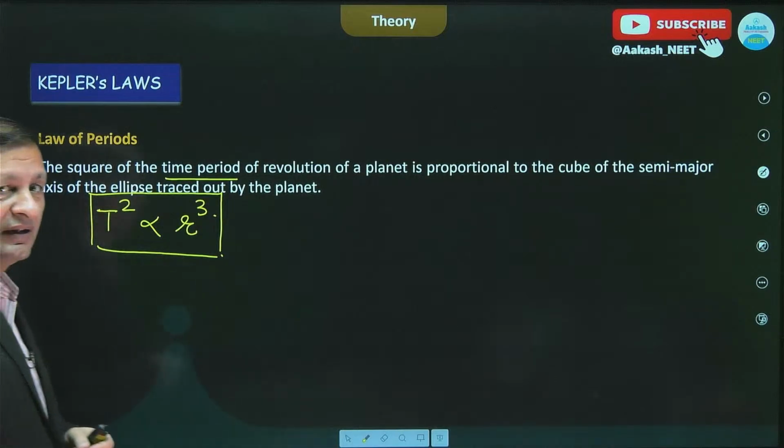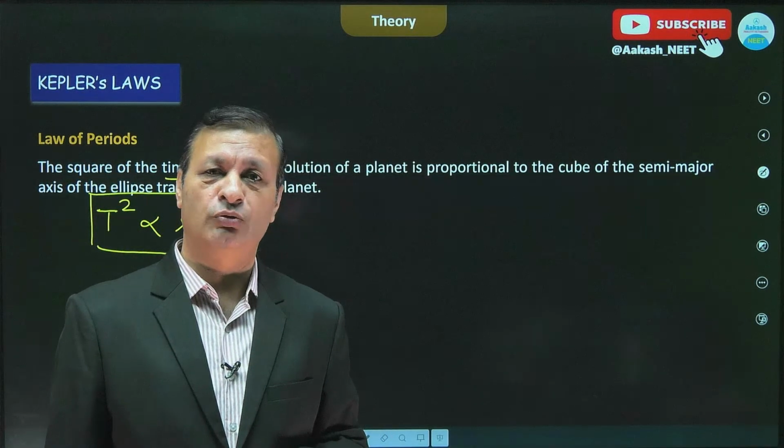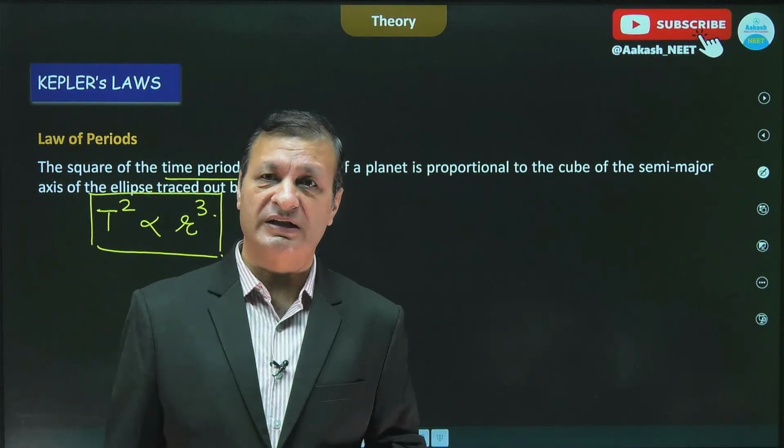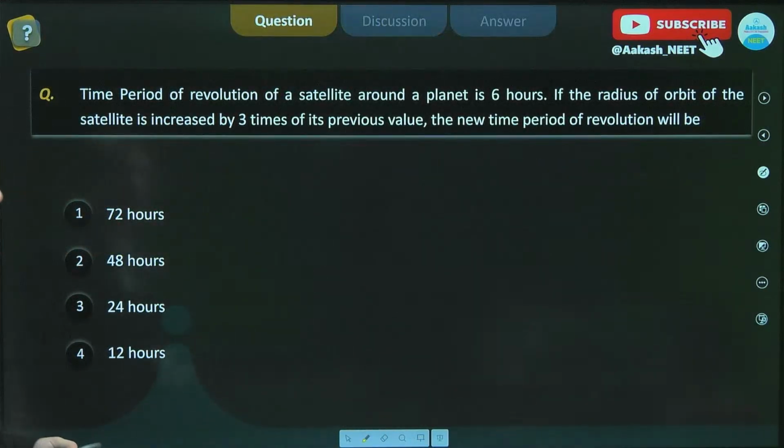And this law has a great application because this law has a variety of numericals. So based on that, let's attempt one or two numericals. Then we'll move forward. Yes, the very first numerical based on this Kepler's law is purely from the law of periods.